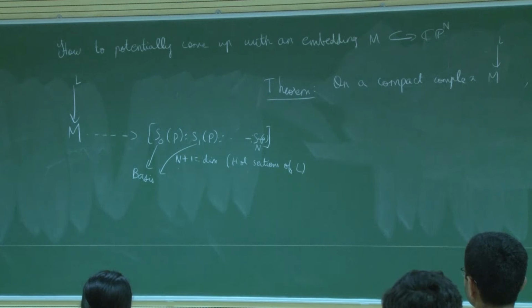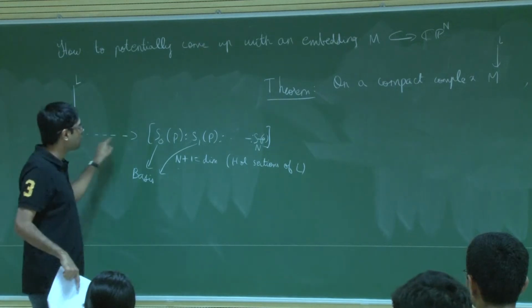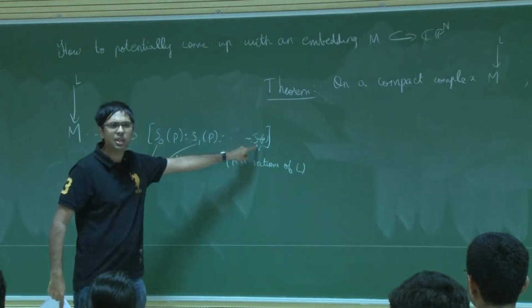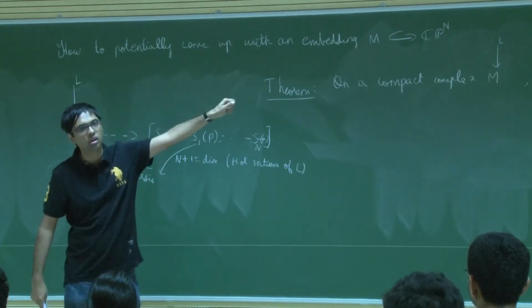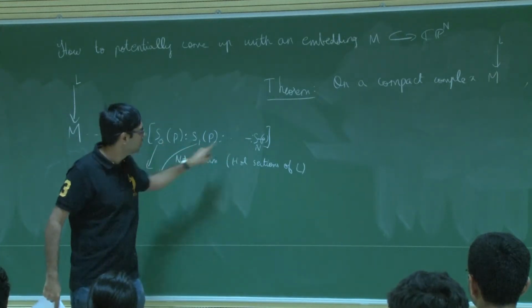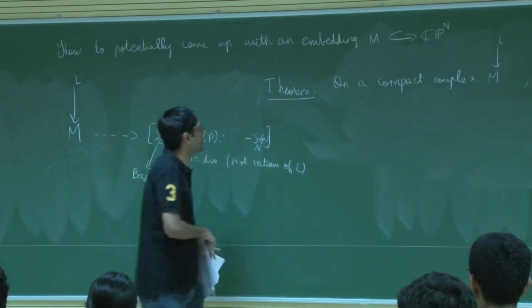You give me a holomorphic line bundle on a compact complex manifold. I'll look at a basis of the sections, which is finite in number, right? And I will construct this map. What does this even mean, right? A section is a function to some manifold. So what does this even mean? What this means is the following.